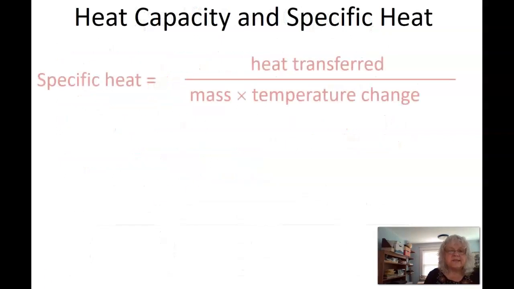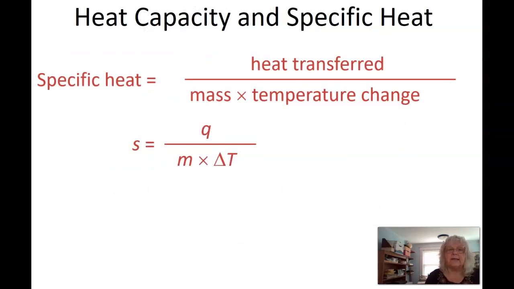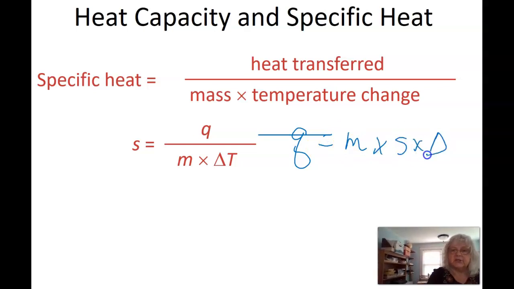Based on those definitions, I can come up with some equations that let me calculate heat. Specific heat is the heat transferred divided by the mass times the change in temperature. If I rewrite this, solving for Q, I get Q is equal to mass times specific heat times the change in temperature.